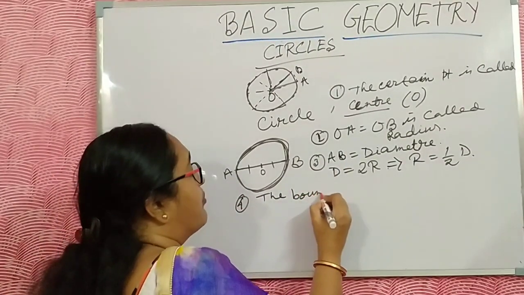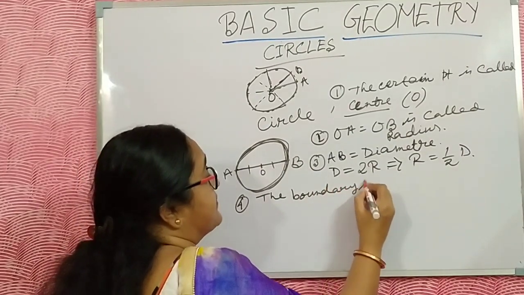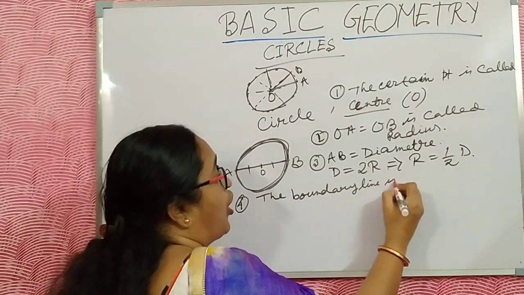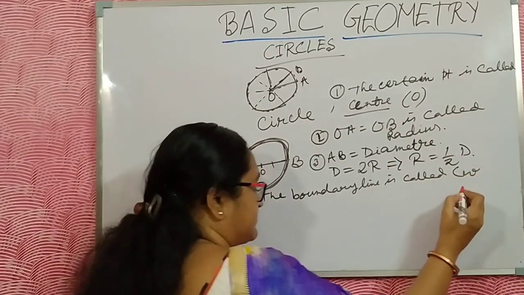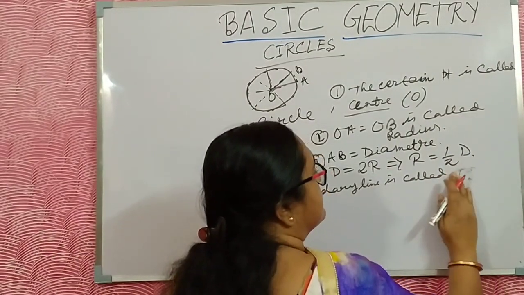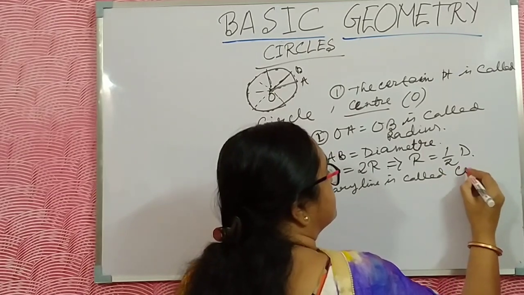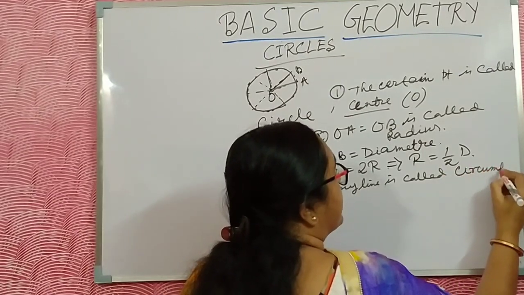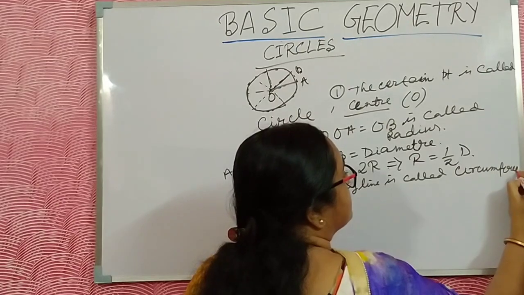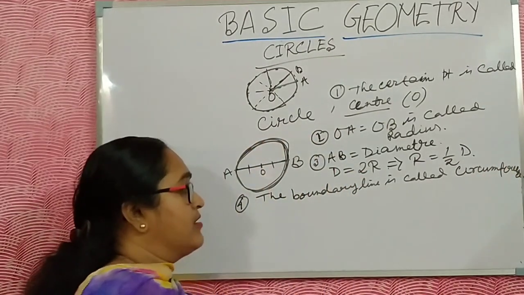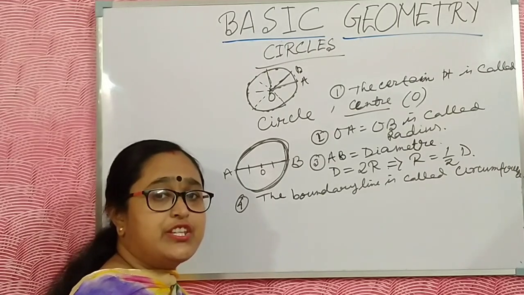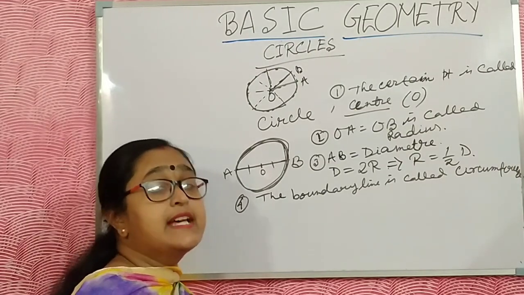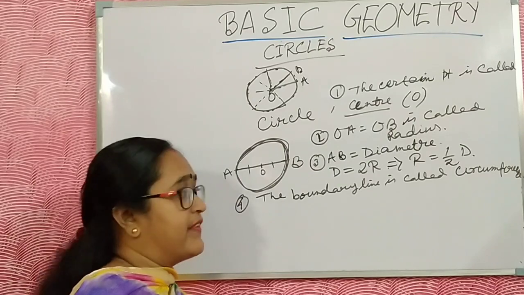The boundary line is called the circumference. This is the circumference.